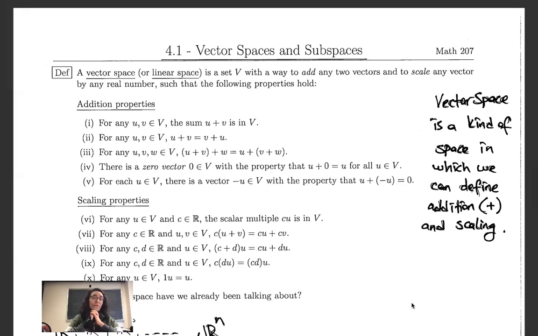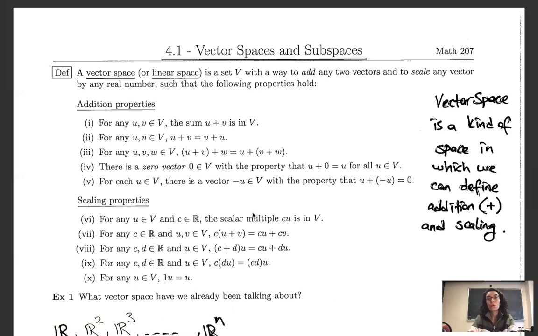Actually, up to now, we have been working already with vector spaces, but we still don't know what the definition is. A vector space, as you see from this definition, or we call it a linear space, will be a set on which you define an addition and scalar multiplication.